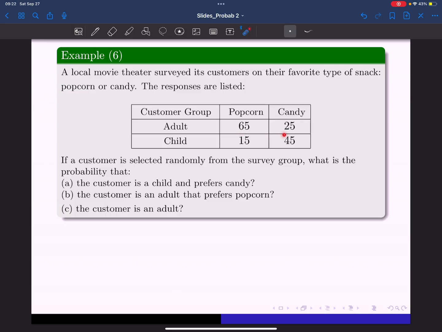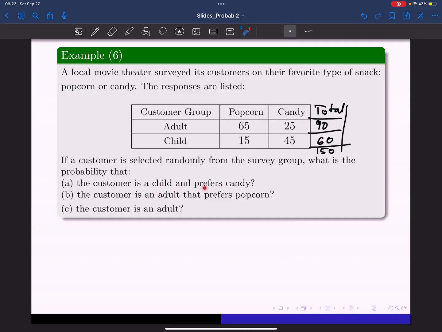So let's add them together. 65 plus 25 is 90. And then 15 plus 45 is 60. So we have a total of 150, if we add 90 plus 60.